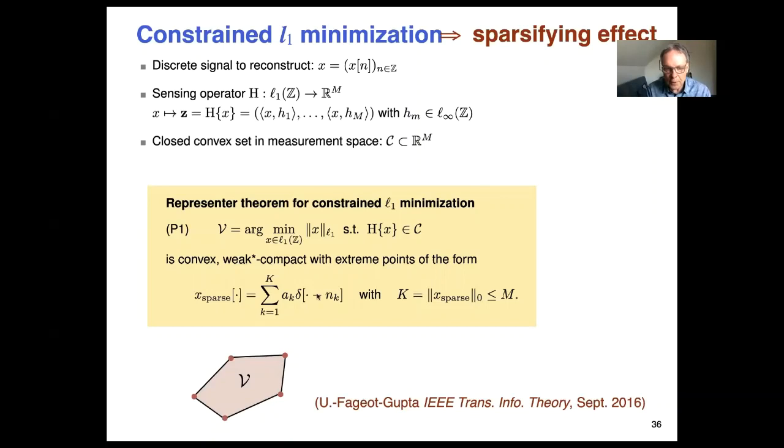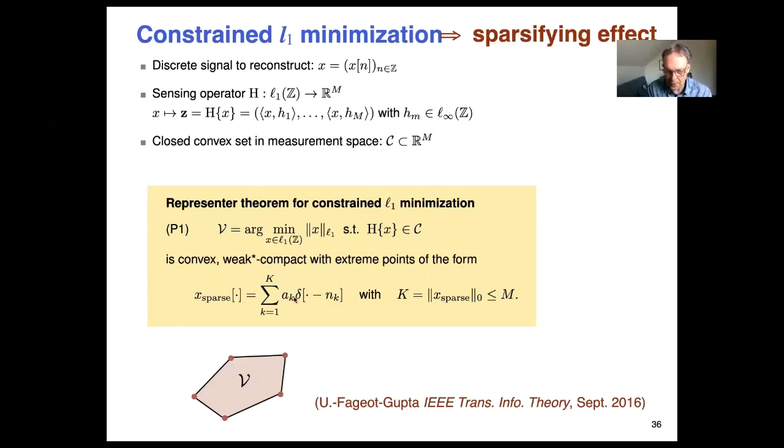And now what the theorem says is that all the guys that are at the boundary of the solution set and that are extreme points are sparse. In what sense? They must be a linear combination of Kroneckers, so that's like impulses located at certain positions. But of course, you don't know which positions.